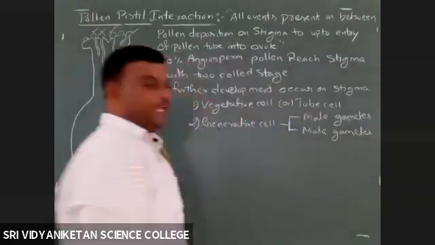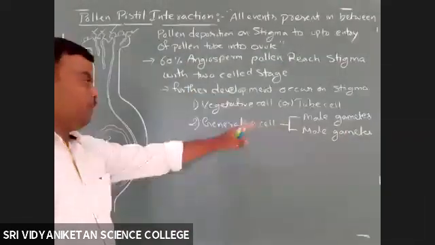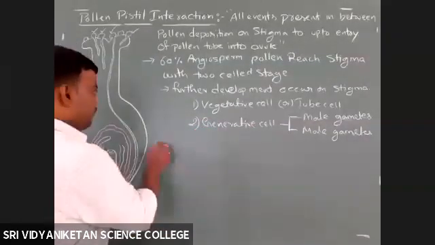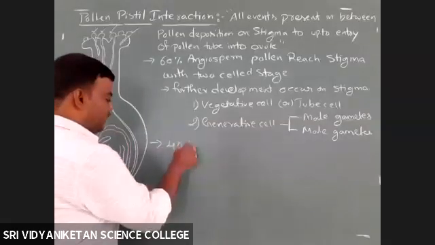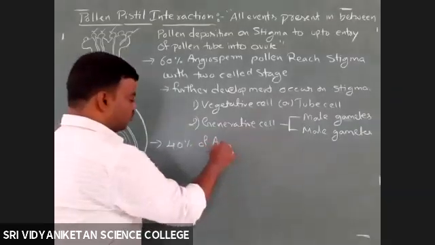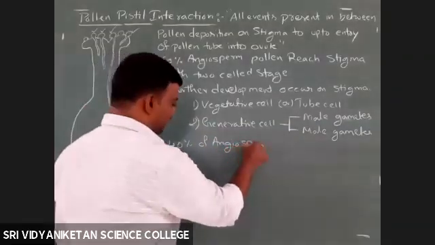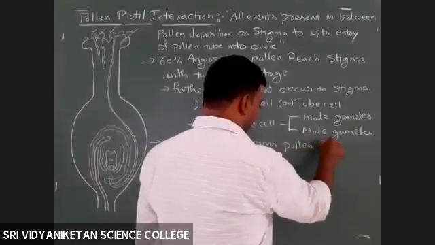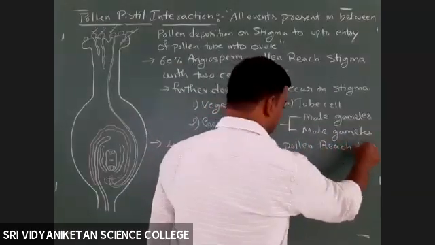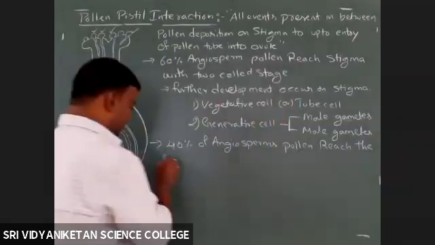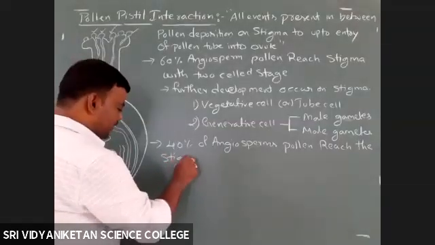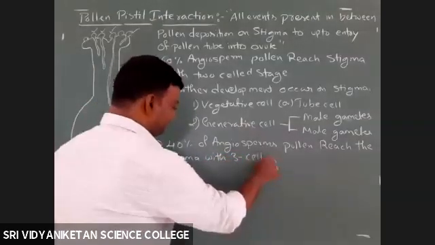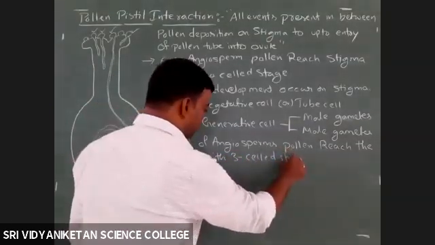Now totally one vegetative cell and two male gametes are developed in the pollen grain. And in the remaining 40% of angiosperms, pollen reaches the stigma at the three-celled stage. What is the three-celled stage pollen grain?